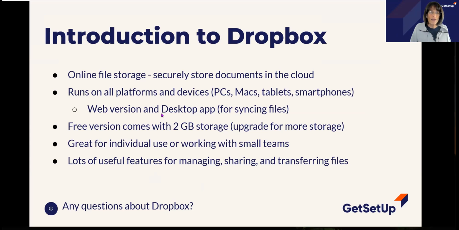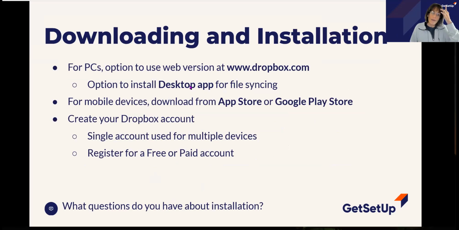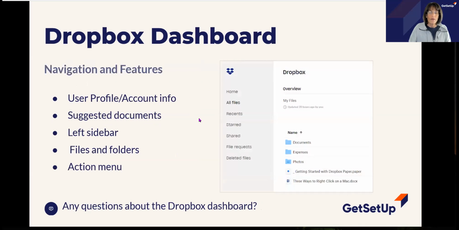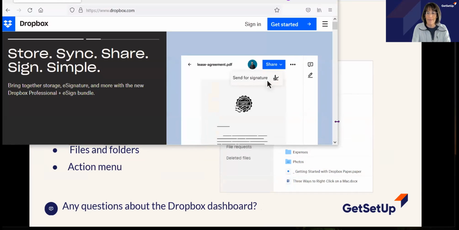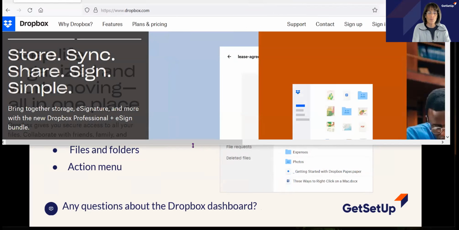And what I wanted to do next, we talked about downloading and installing the Dropbox app if you're working on a mobile device, a phone or a tablet. You can do that. And I have another web browser open. So I'm just going to fly this in. It's just like magic. And I'm going to be working off of this browser window.